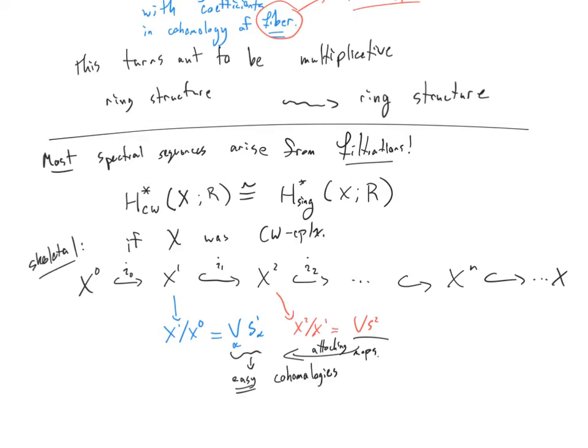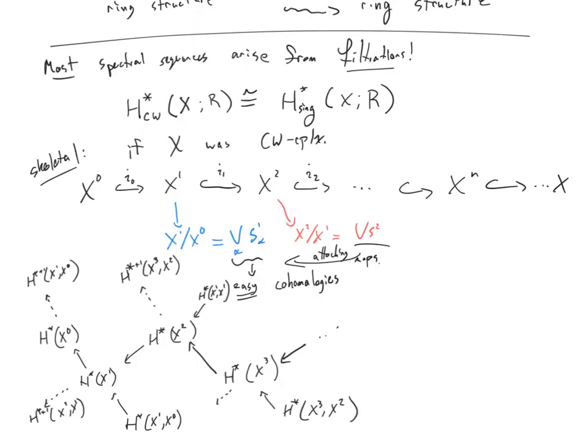And now there was a diagram that shows up in this, so I'm going to draw that now, just to remind you of the argument. We had a diagram that looked like a long zigzag, where we stitched together a bunch of long exact sequences for pairs. So here's this one, and then this one, and then this one, for each of these pairs. For this pair, we got this sequence, and for the next pair, we get this sequence, and so on and so forth.